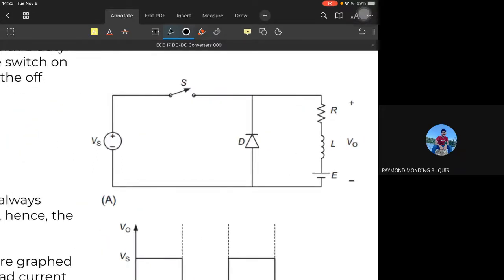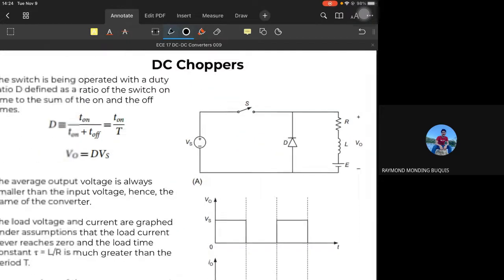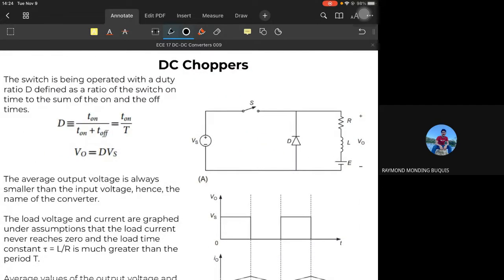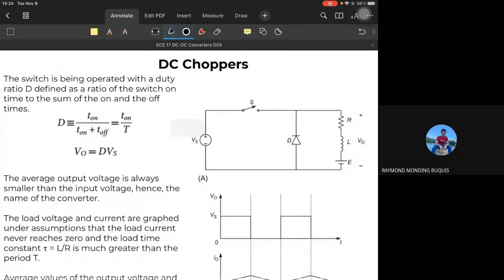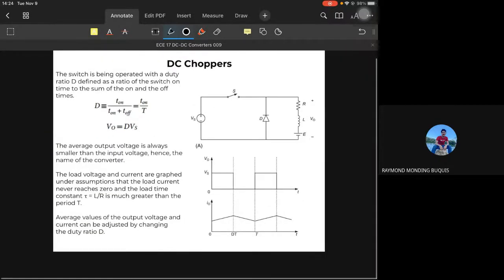It is an RL circuit. This E models a back voltage, or a negative voltage drop, which is possible to be consumed by the load. So the RLE circuit on the load side models any type of load.